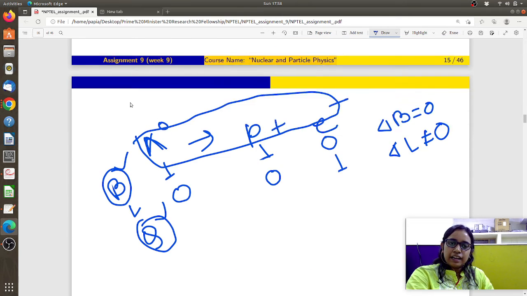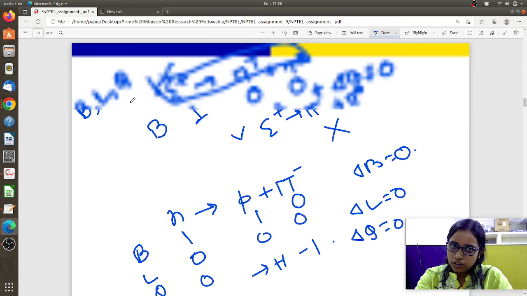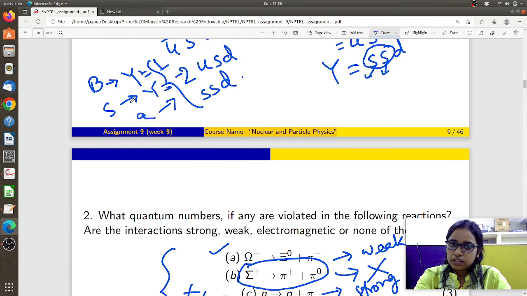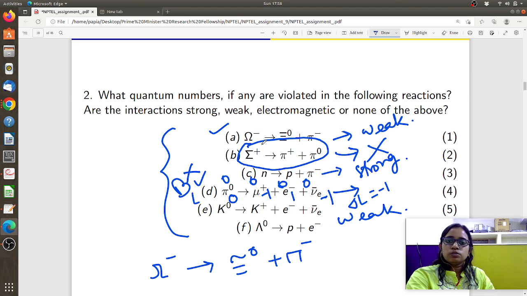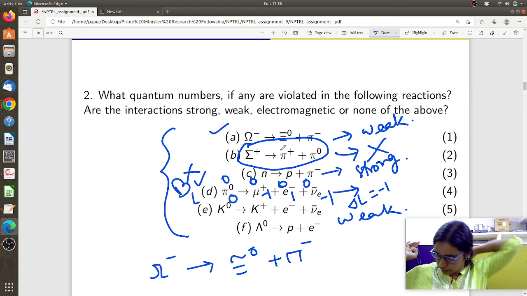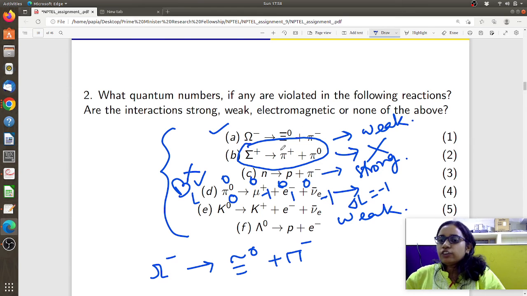Okay, so I think there were 6 expressions only. So we already calculated all the things, that among those 6 expressions some are allowed and some are not allowed.